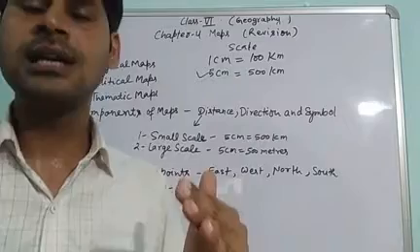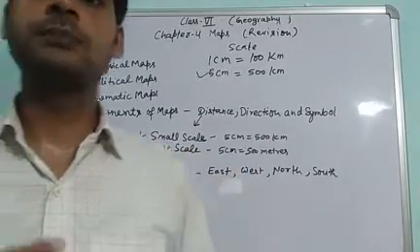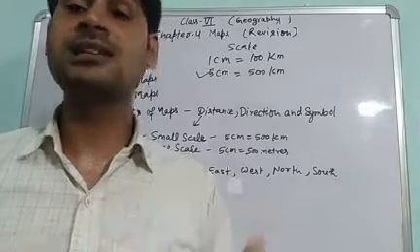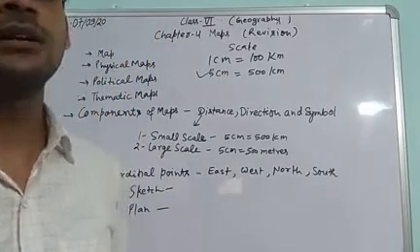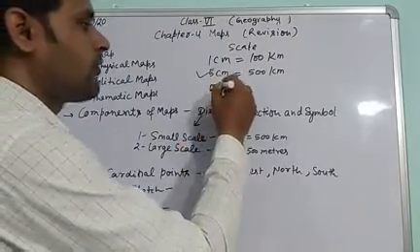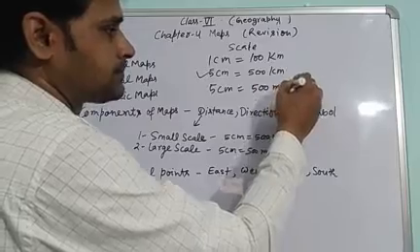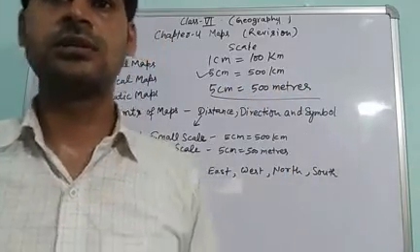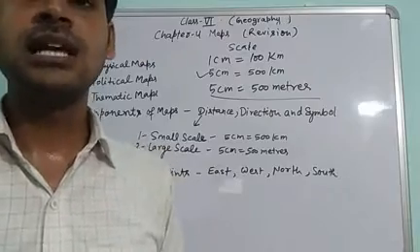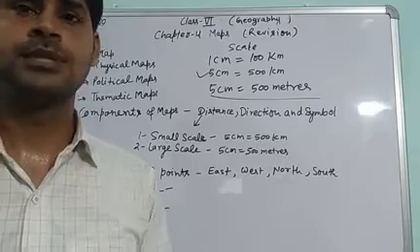When a small area like your village or town is to be shown on paper, we use a large scale, that is, 5 centimeters equals 500 meters only. It gives detailed information.